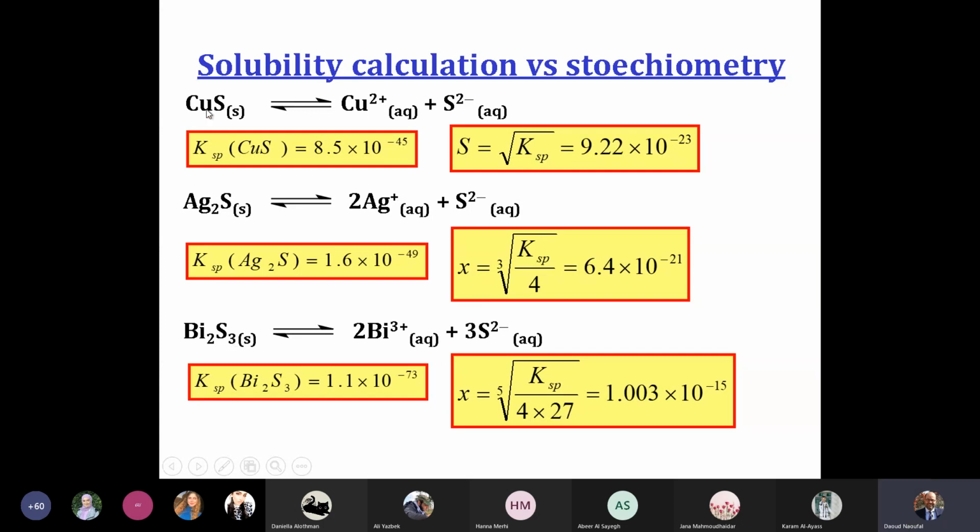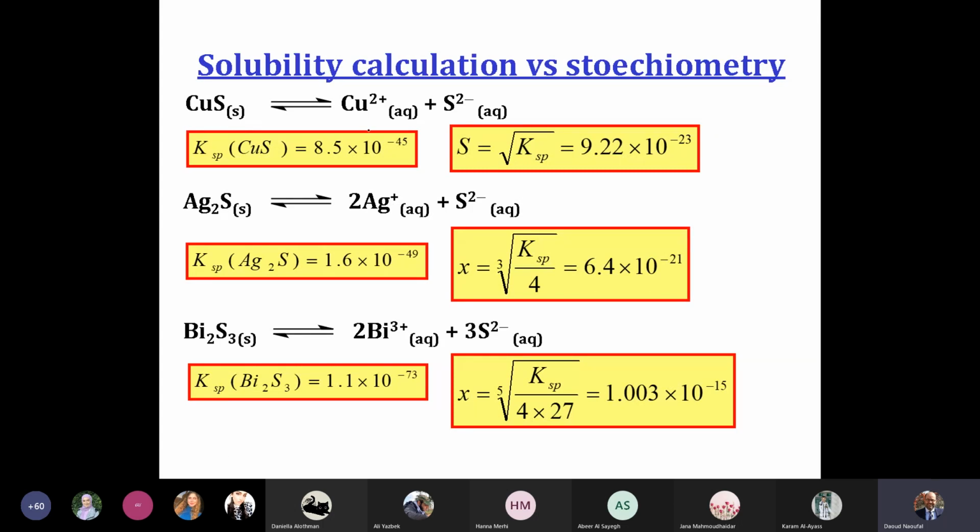Since the stoichiometry of these weak electrolytes is different, this is stoichiometry 1,1, this is 2,1, this is 2,3, so you could not compare the values of Ksp. So to know which has the highest solubility, we calculate the solubility in each case.